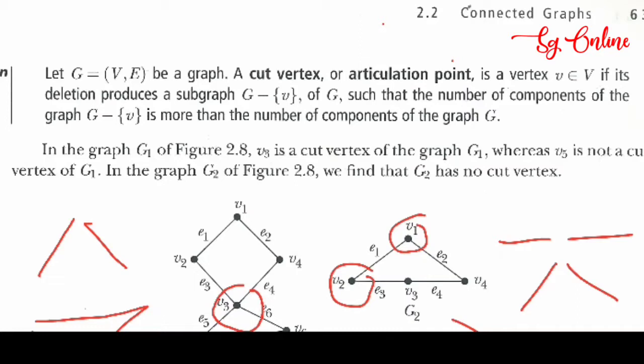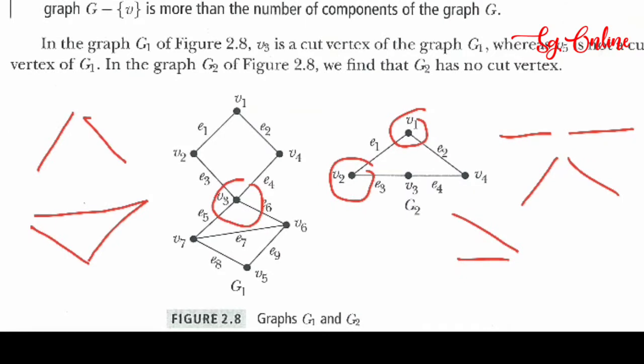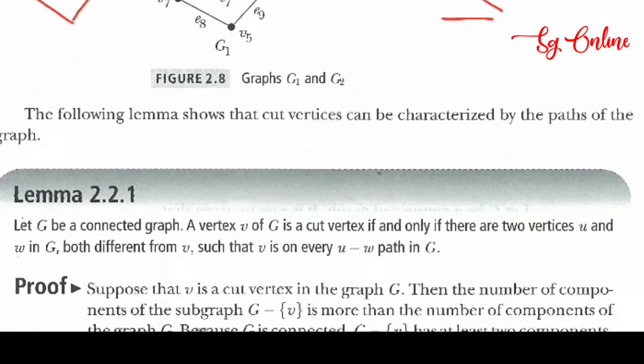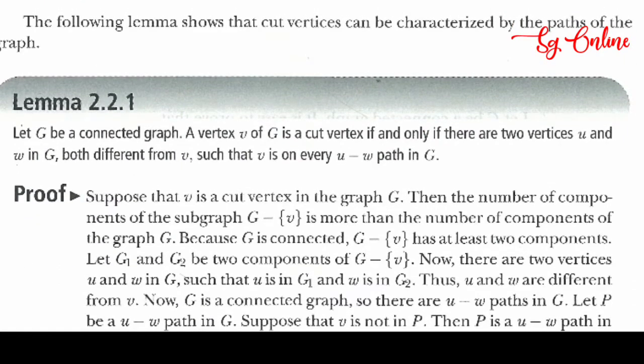That is, if deletion of the vertex increases the number of components, then we say that the vertex is a cut vertex. So the natural question arises: can we characterize the cut vertices? And the next theorem exactly characterizes the cut vertex.